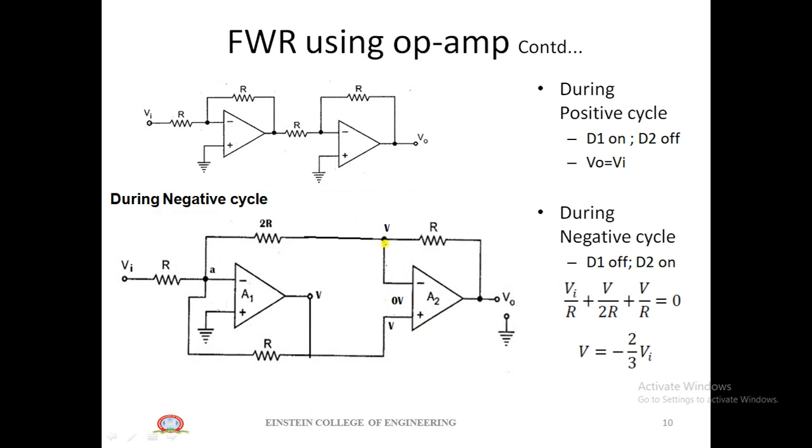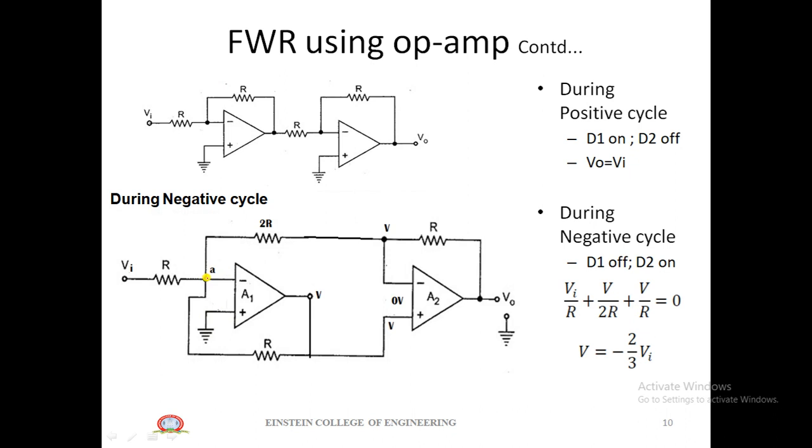So the voltage in the inverting terminal is also V. Now we can apply Kirchhoff's current law at node A. At node A, the voltage will be 0 because the non-inverting terminal is connected to the ground. So the voltage value here is 0. The same voltage will appear across the inverting terminal also, so here the voltage will be 0.